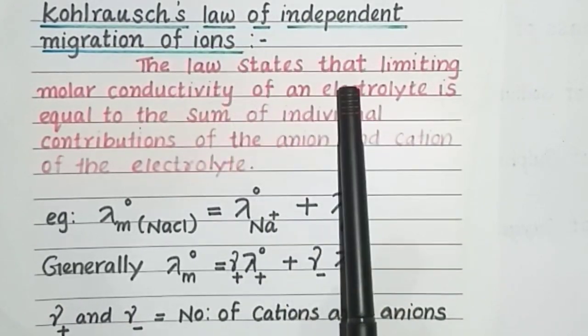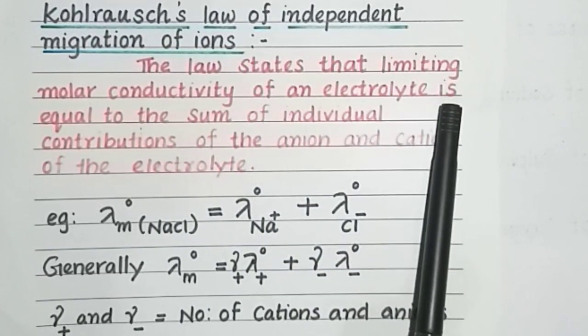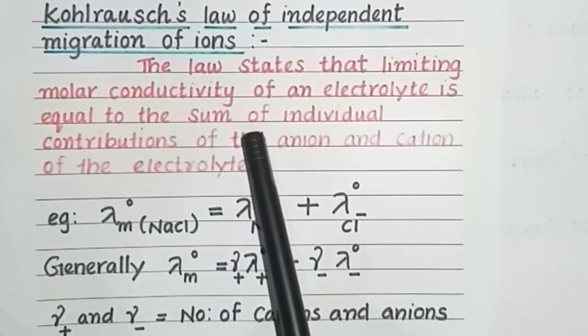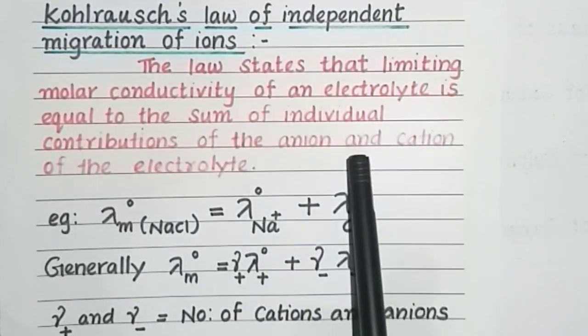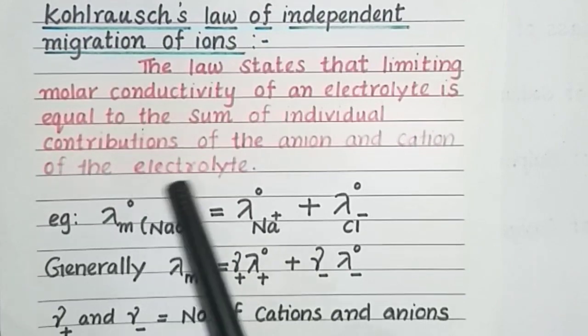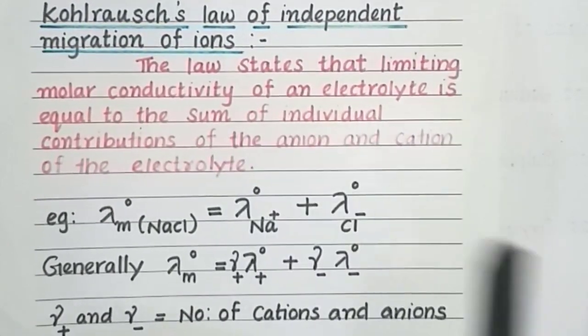The law states that the limiting molar conductivity of an electrolyte is equal to the sum of individual contributions of the anion and cation of the electrolyte. We can explain with the help of an example.